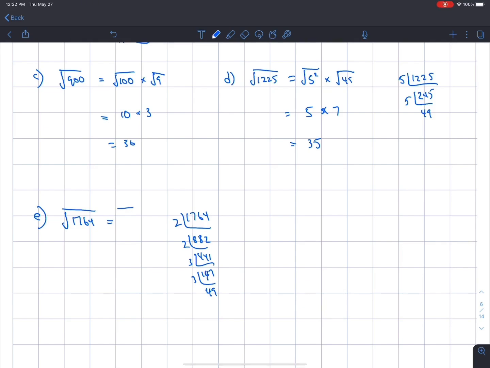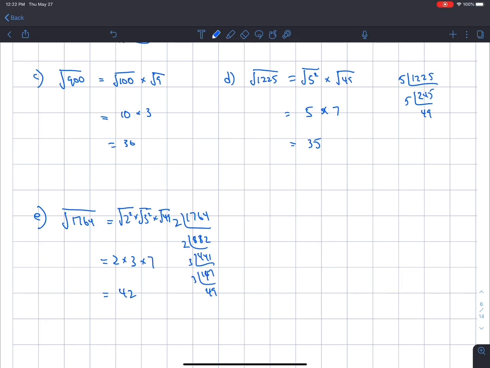So this is the square root of 2 squared times the square root of 3 squared times the square root of 49. I always like to group the pairs inside each square root. Because now I can say that square root and square cross each other out. We just get 2 times 3 times the square root of 49, which is 7. So we get 42.